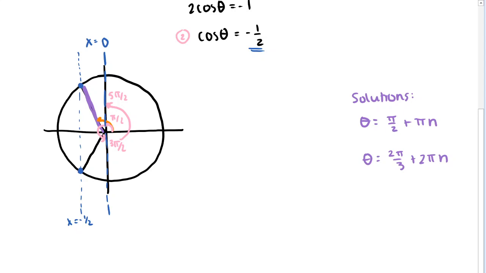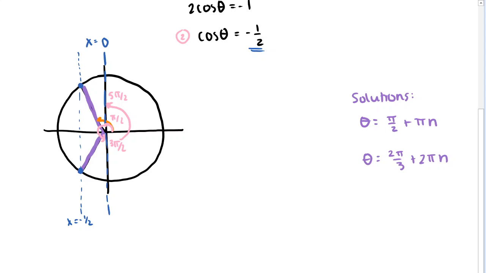But then we also have this angle below, and using our idea from earlier, really this would just be the same thing as a negative 2 pi over 3 plus 2 pi n, right? If I go in the clockwise direction, it takes me the same amount, 2 pi over 3, to arrive at the position on the bottom side of this x-axis.